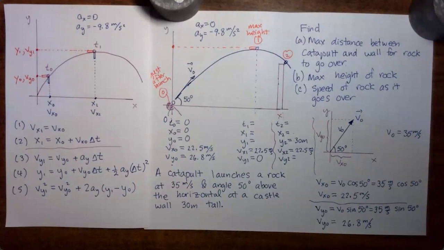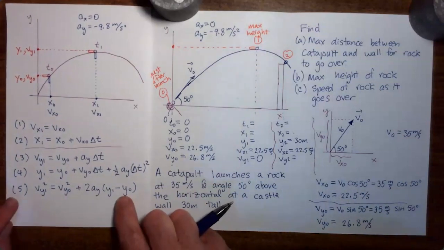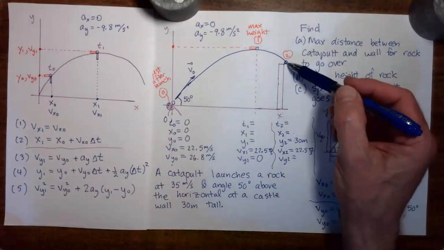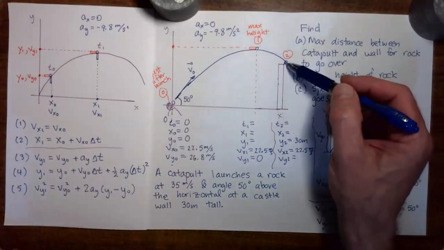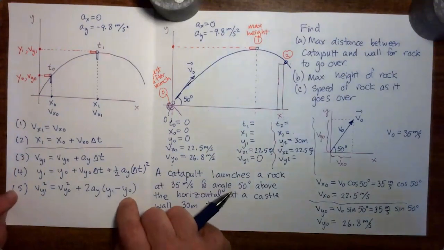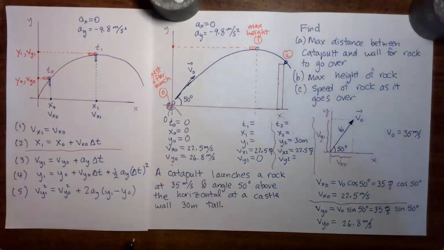The second option, which students usually seem to prefer, is a two-step process. In this two-step process, what we do first is we use equation 5 to figure out the velocity of the rock as it's going over the wall. Once we figure that out using equation 5, then we can go to equation 3 to get the time.